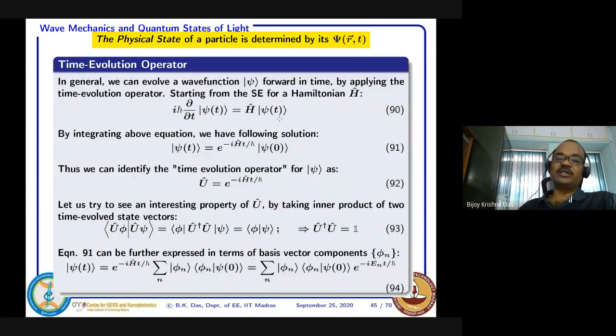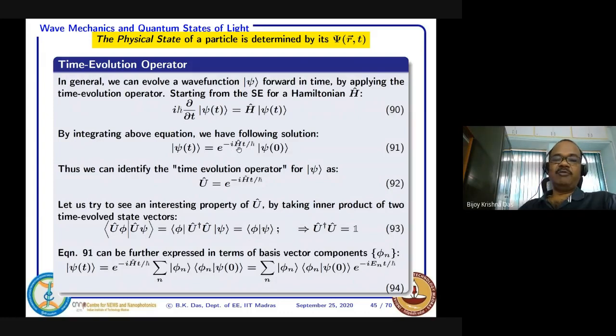That is the difference here, because we have learned now to represent the state vector in terms of bra and ket notation. Now if you simply solve this equation by integrating, you get ket psi as a function of time. Here we consider that the Hamiltonian means total energy, kinetic energy and potential energy, and you are representing it as an operator.